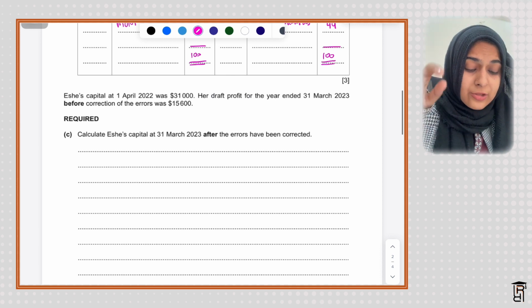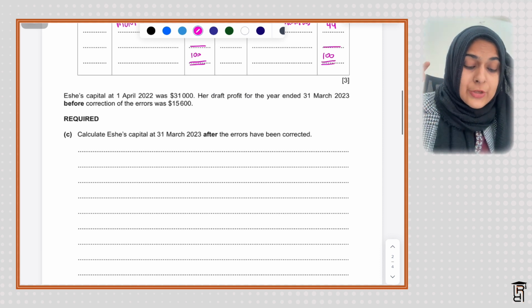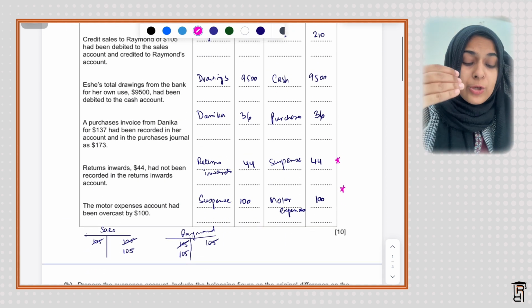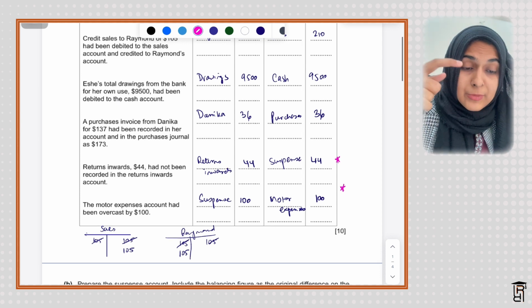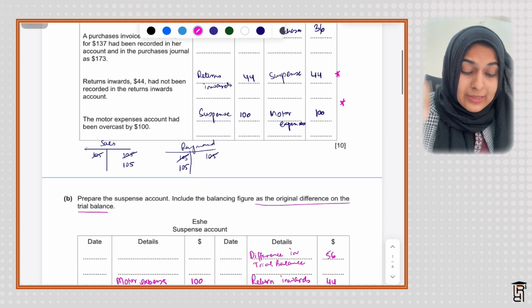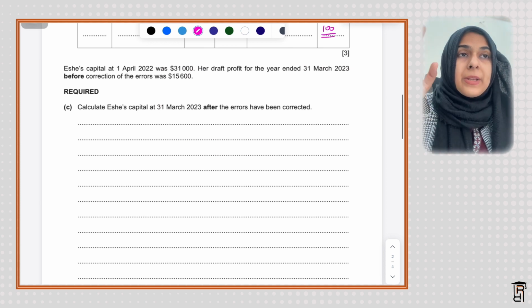They're asking you to calculate SA's capital at 31st March 2023 after the errors have been corrected. So all of these errors, we need to see what is going to actually affect profit. All those accounts that go in the income statement, everything that goes into the income statement is going to affect profit.